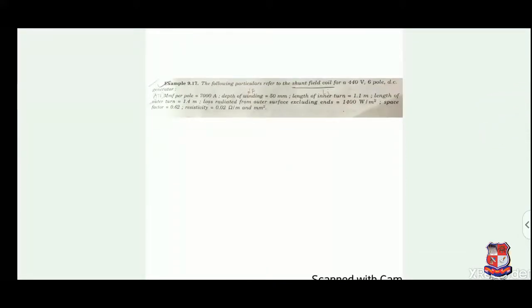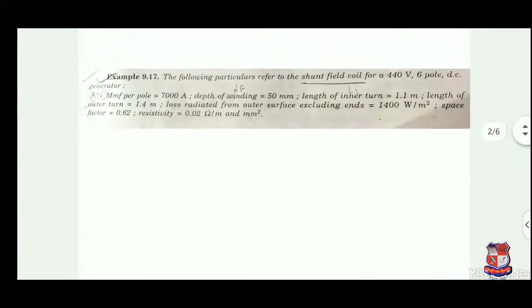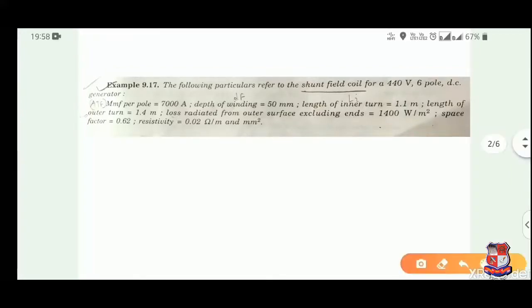So first, example 9.17, what it shows, I want to read it out. The following particulars refer to a shunt field coil for a 440 volt 6 pole DC generator. Here we have a 6 pole DC generator and we need to decide the data for the shunt field coil. In that, mmf per pole is given, which is nothing but the ATf, the mmf required for the field winding.